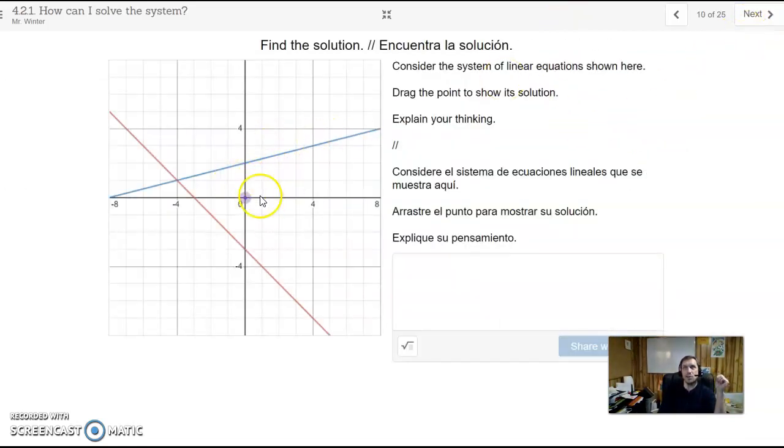So this first one, it says, where is the solution on this graph? So you drag that point right here. And that solution is the point, if I can get it in the right spot, -4, 1. Okay, so -4, 1 is our x, y value. It is the point where these 2 lines cross. So I'm typing that in there.